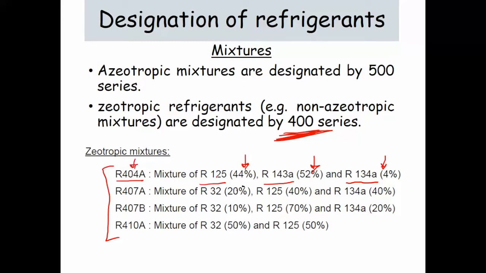And the interesting thing is that the boiling temperatures of all these three refrigerants are different. That's why this is known as a zeotropic mixture. These are the other various examples. You can go through this. No need to remember this. You will get data for all these properties if you need to use them, or we can refer to charts for that purpose.